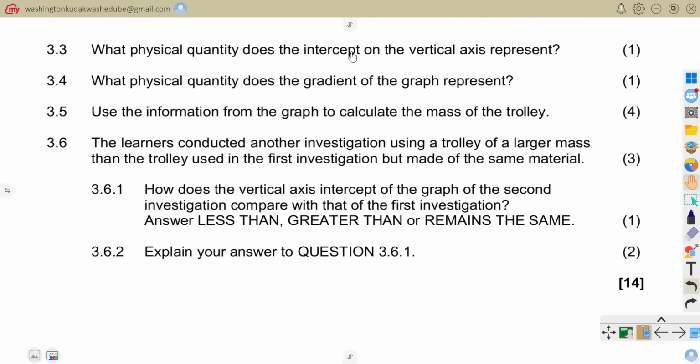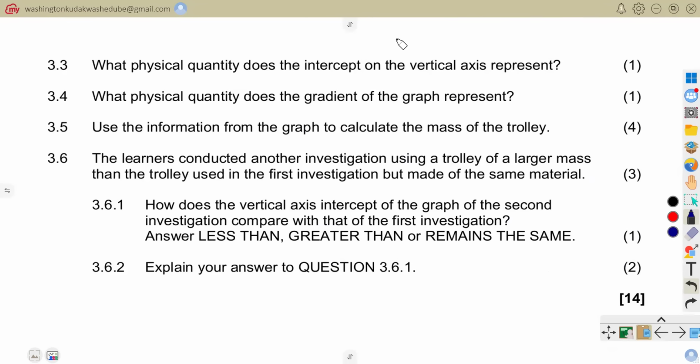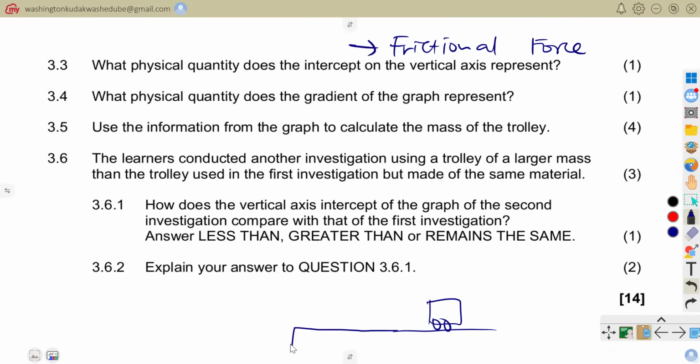What physical quantity does the intercept on the vertical axis represent? We said it represents our frictional force. The y-intercept represents our frictional force. That is the logical thing that is making sense, to make sure that our trolley is not accelerating when we have a rope connected through a frictionless pulley to a mass.